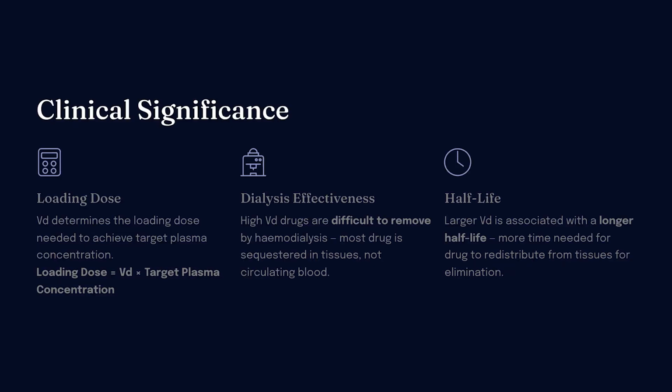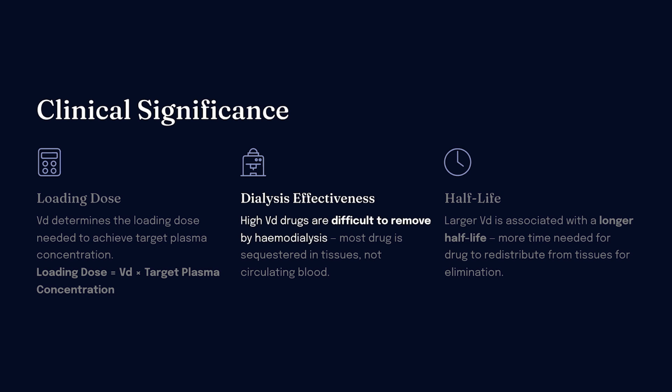Clinical significance. Volume of distribution has three important clinical applications. First, loading dose. VD helps determine the dose required to rapidly achieve the target plasma concentration. Therefore, a drug with a larger VD generally requires a larger loading dose. Second, dialysis effectiveness.